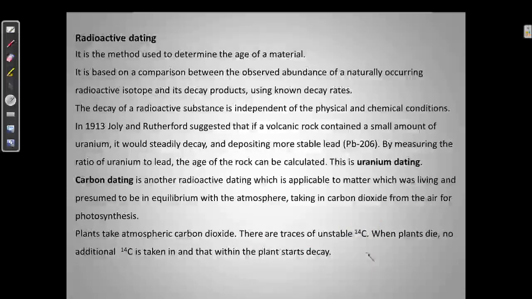Carbon 14 is an unstable radioactive substance and it will decay. When plants die, no additional C14 is taken in. Whatever quantity of C14 is in the plant will start to decay, so gradually the quantity of C14 in the plant will decrease.